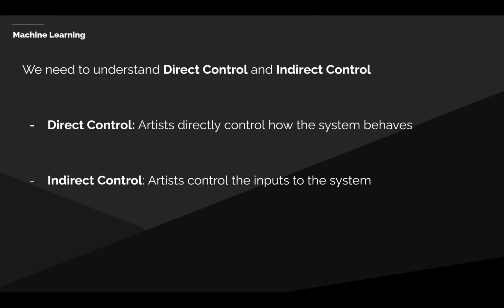And as they change things, there's a one-to-one correspondence between what they change and the output they get. I'll give some examples of this. And indirect control is more like the artists control the input to the system, but the system itself is a kind of black box, which they don't really understand how it's necessarily working, but they know what changing the inputs is going to do to the output indirectly.